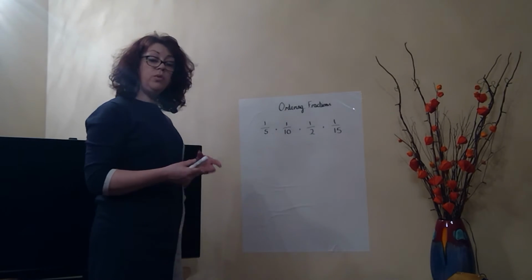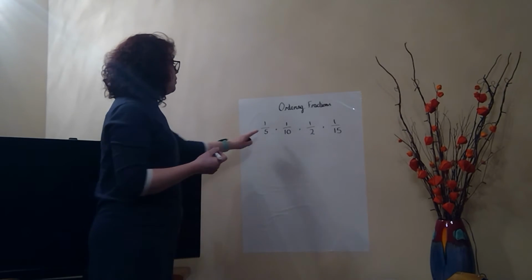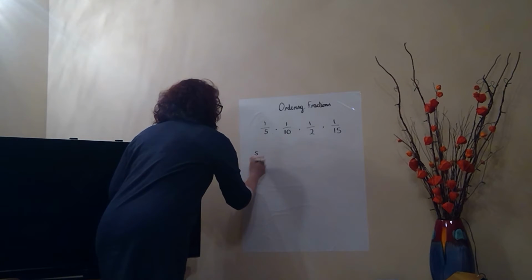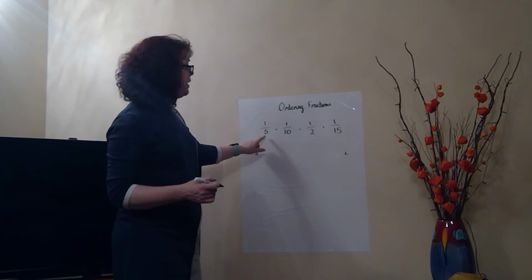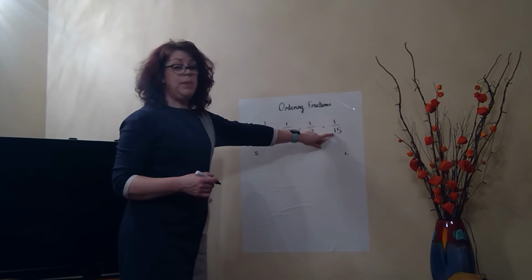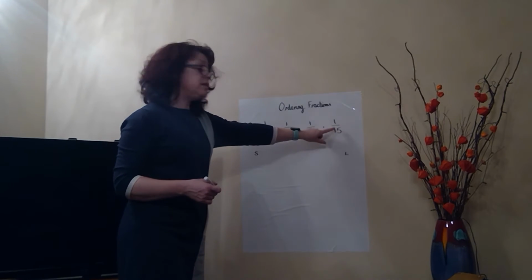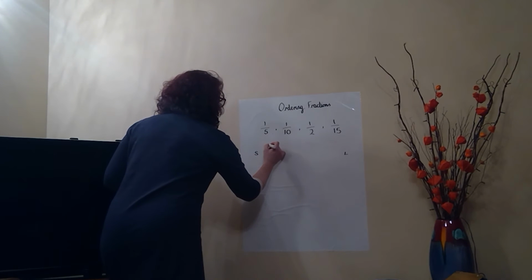And if I then want to order them smallest to largest, or even largest to smallest, I use my understanding of this to help me. So I've got my smallest through to my largest again. And because I know that the bigger the denominator, the smaller the fraction, I just need to look at that. So my 1/15 is actually my smallest fraction there.